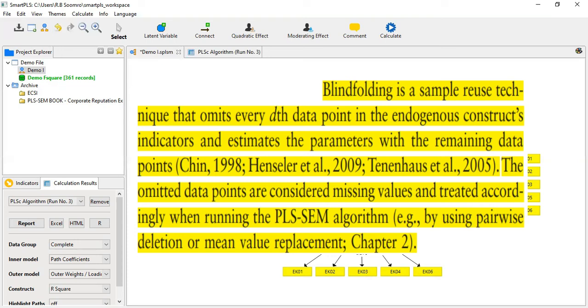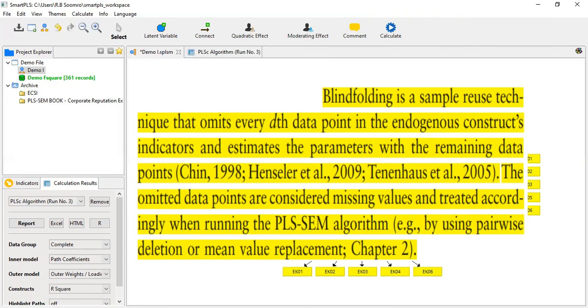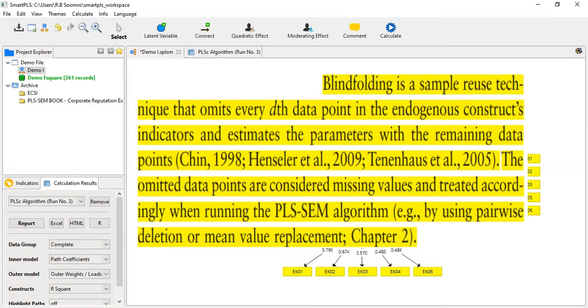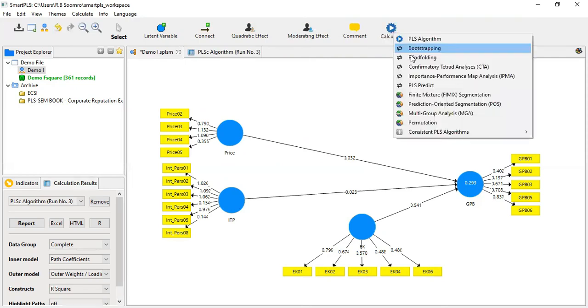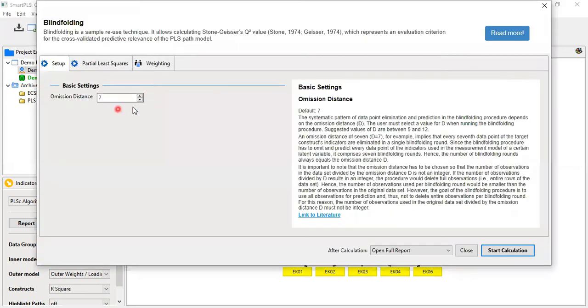So it omits one particular data point from your data and then starts the computation again from there. For example, if you go into Smart PLS, right here, this is the blindfolding. You are looking here, the value is 7. Why 7?